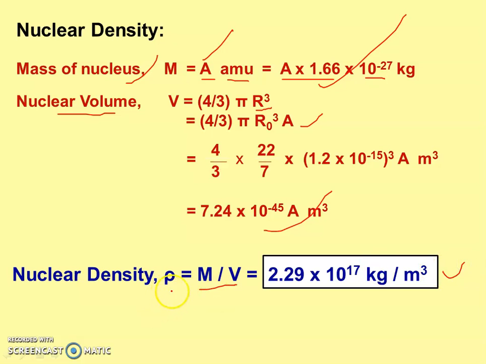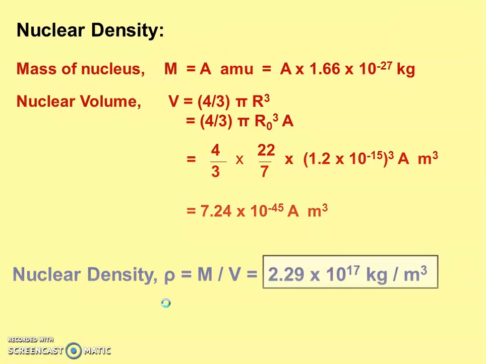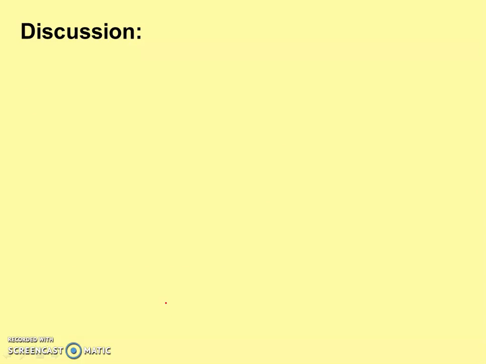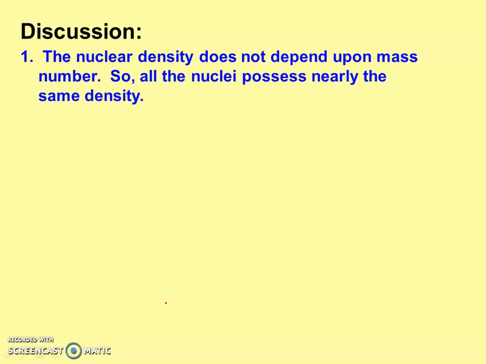Now the density is independent of mass number. There is no A. It means nuclear density remains always constant for all nuclei. The nuclear density for hydrogen, for helium, for any other nucleus has the same value. Now we can discuss the nuclear density.